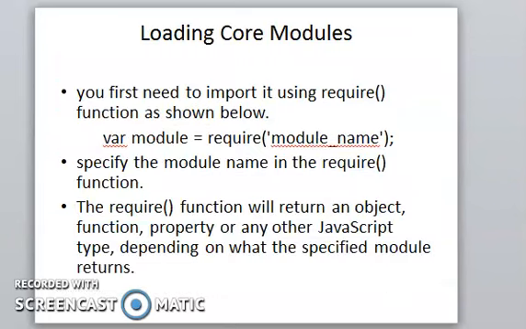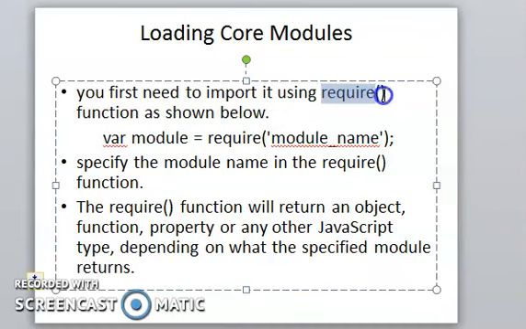Then, how can we load these core modules into our application? The first step is what we call import or include. For importing, we use the require function as shown. For including a module in our application, we use a keyword called require.